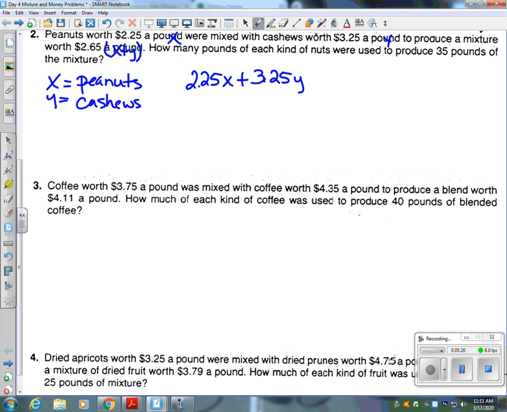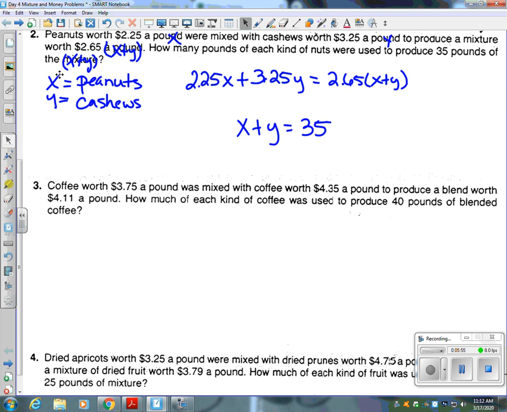These are our two slopes, is equal to $2.65 times X plus Y. Okay, so we have our first equation. Now, since we have two variables, remember we need two equations. So our other equation is going to come from how many pounds of each kind of nuts were used to produce a mixture of 35 pounds. So we're mixing again, so the mixture X plus Y is equal to 35.